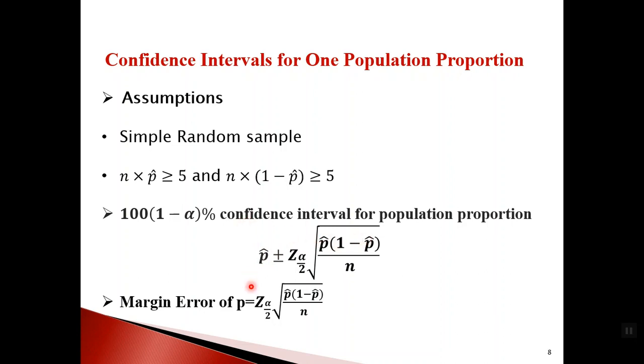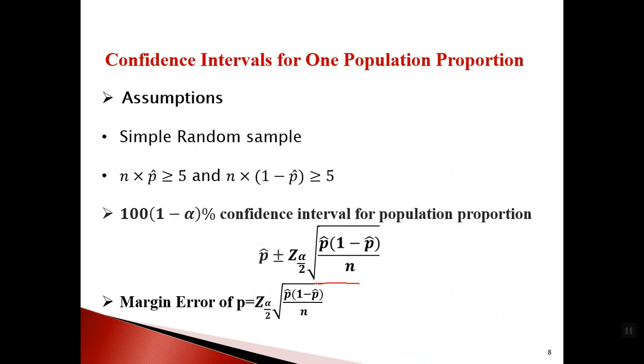Then the margin of error. If you remember, when we find the confidence interval using this formula, the part after the plus or minus on the right-hand side we consider the margin of error. Let me show that using another color.